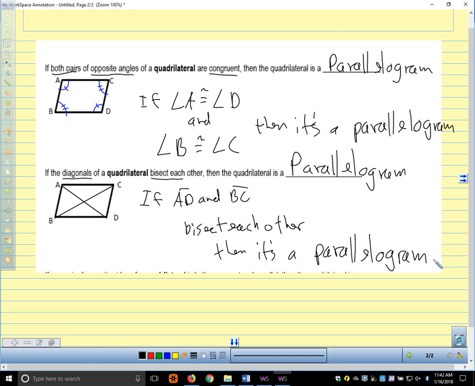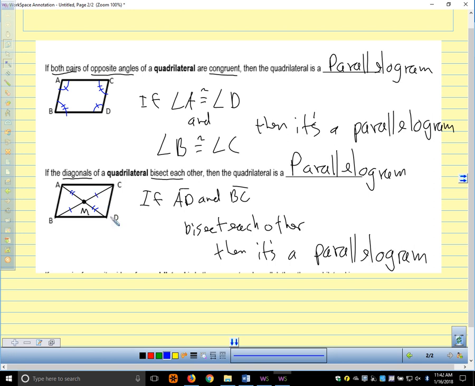For this one, you might be given the information about the diagonals bisecting each other in a lot of different ways. They might say, for example, if I put point M in there for that midpoint, that the point M is the midpoint of both diagonals. They might say that these two segments are congruent and these two segments are congruent.